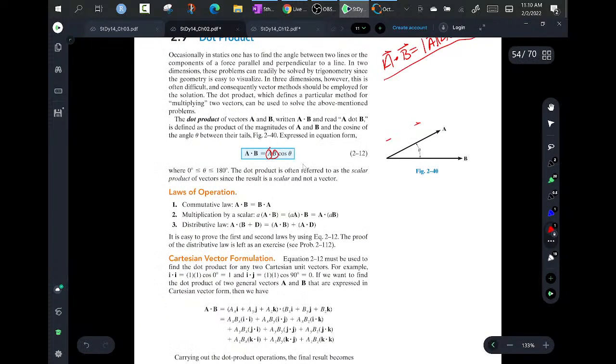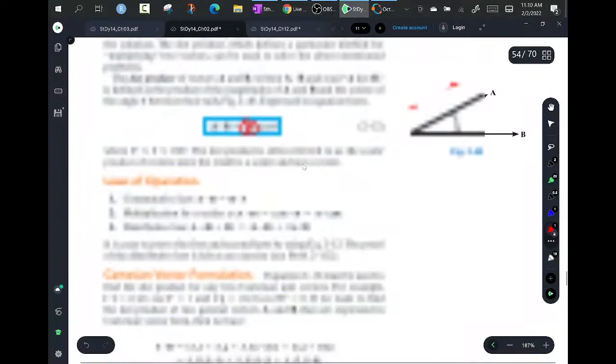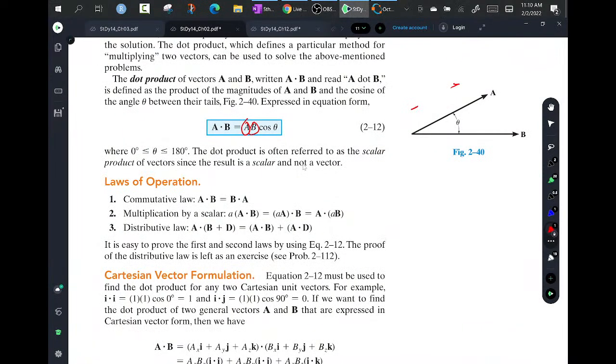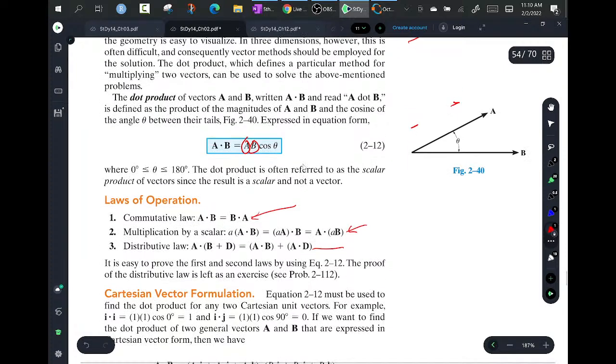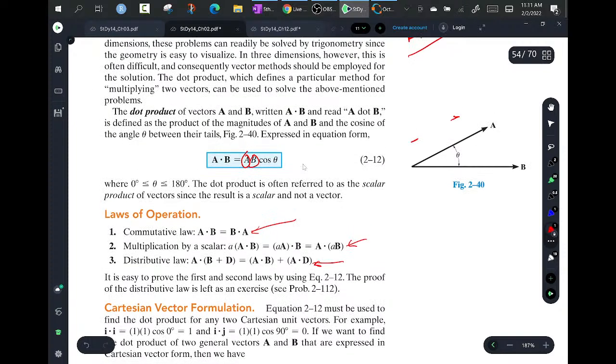I think I double-clicked it, so that means zoom in, I guess. So he has the commutative law, multiplying times a scalar, and then distributive. The dot product pretty much is okay with that; the cross product is not, but we'll get to that when we get to it.